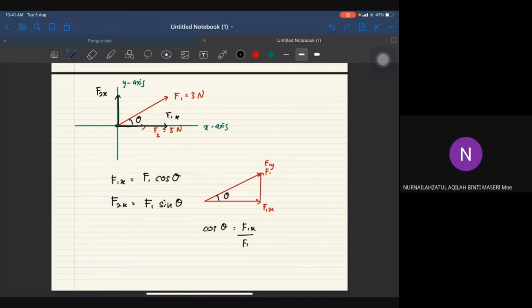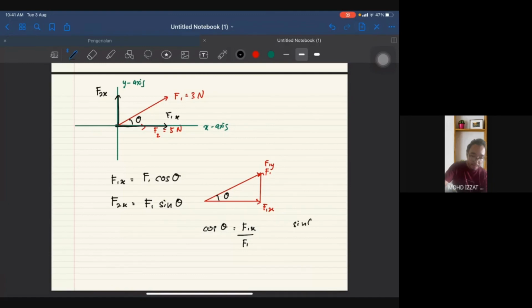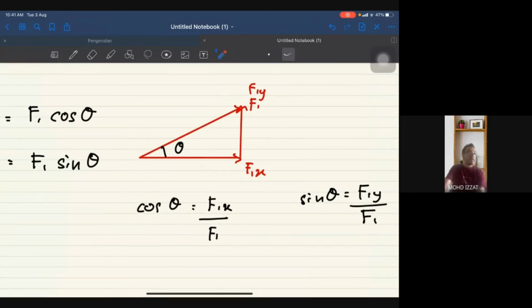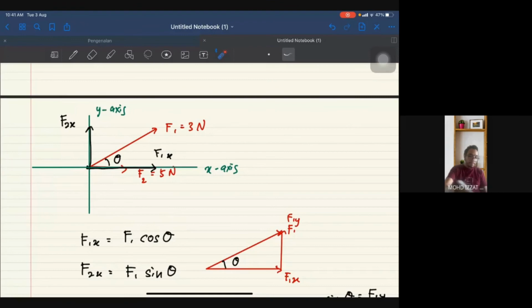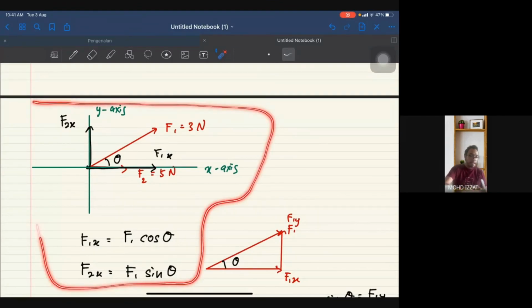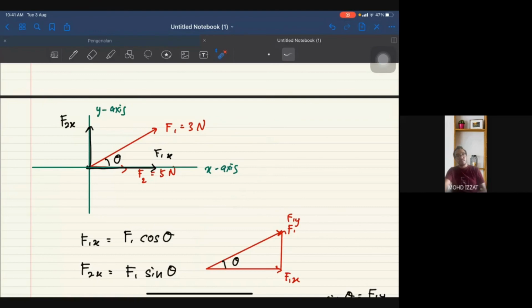And then sin theta becomes opposite, which is F1y over F1. So if I rearrange, if I bring this one up here, then I get this one. Okay, ini datang dia. So benda ni you don't have to do it every single time. Ini sebab introduction saya tunjuk lah. But then bila calculation, bila dalam physics, the important thing is this part and this one. Tapi konsep daripada mana dia datang tu, you still need to understand lah. Kalau kamu pusing-pusing soalan, kamu terus tak faham.